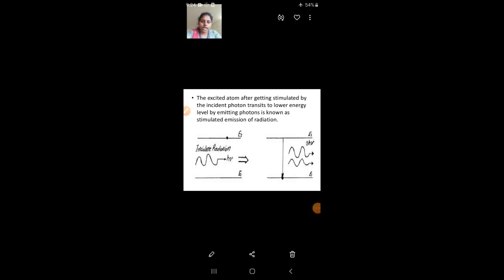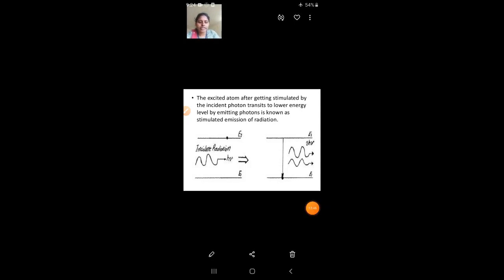The excited atom, after getting stimulated by the incident photon, transits to a lower energy level by emitting a photon, which is known as stimulated emission of radiation. Now we will see this picture.